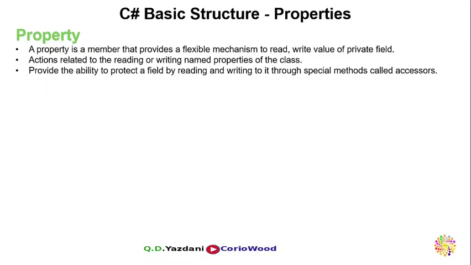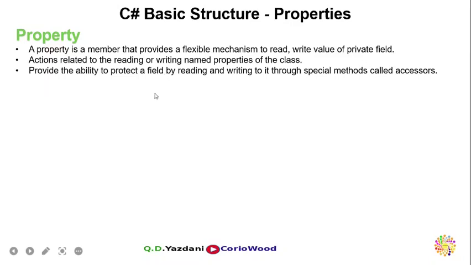Alright, before we see the code for a property, observe here: a property is a member that provides a flexible mechanism to read or write the value of a private field. We already know that a field is just like a variable, but what is a private field?